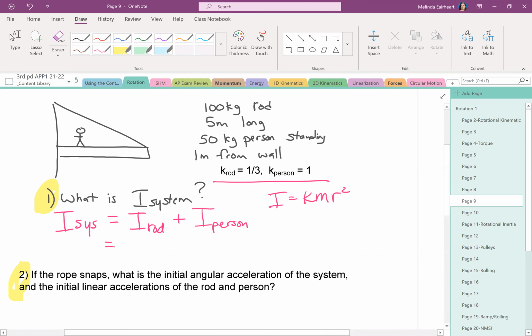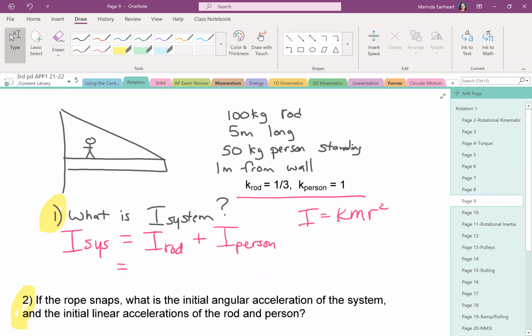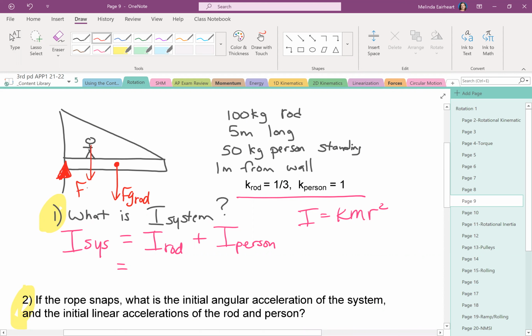And so for the rod, notice where's our fulcrum? They don't specify, but where probably is the fulcrum? Let's draw in our triangle. Probably at the wall, the hinge, the pivot. So I'm going to put it right there. Force diagram, quickly. We've got Fg of the rod. The person has a gravitational force.